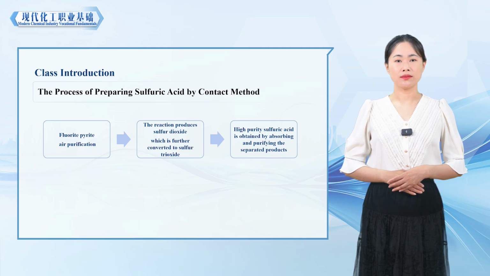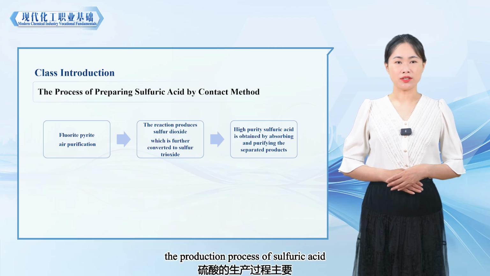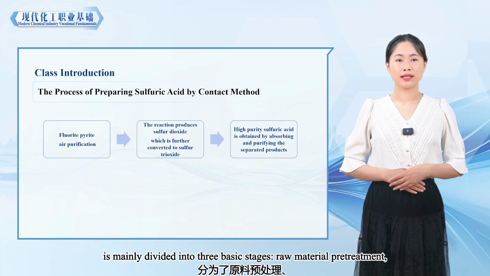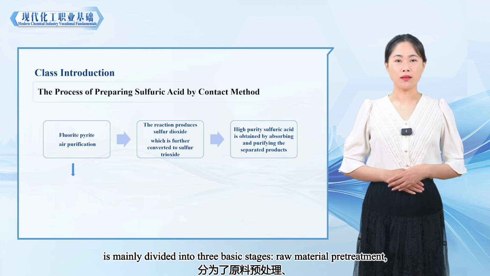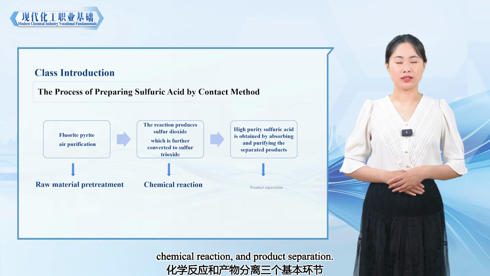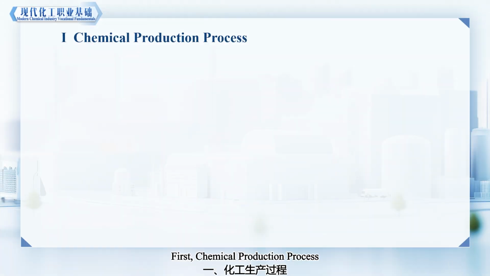In this case, the production process of sulfuric acid is mainly divided into three basic stages: raw material pretreatment, chemical reaction, and product separation. First, chemical production process.